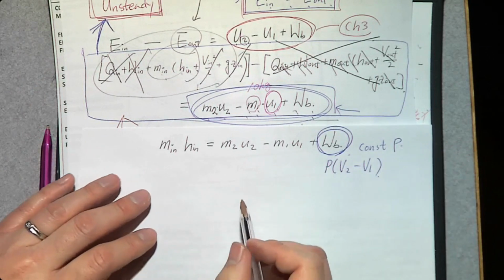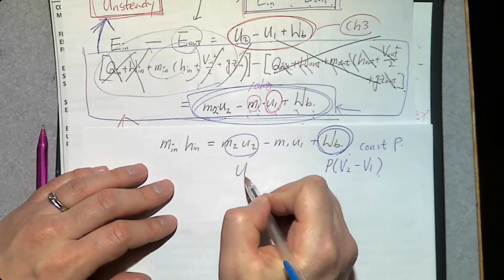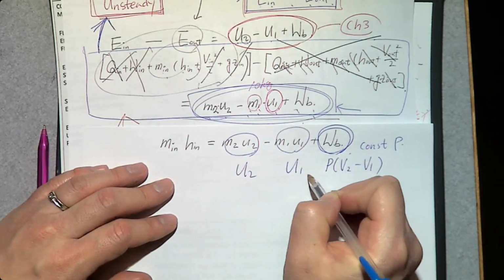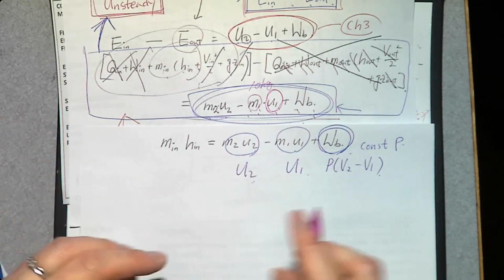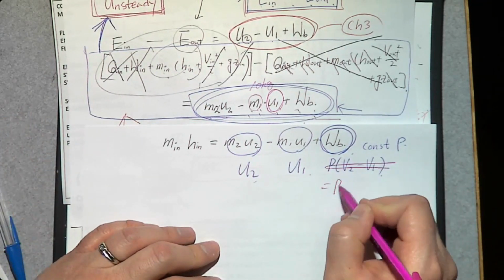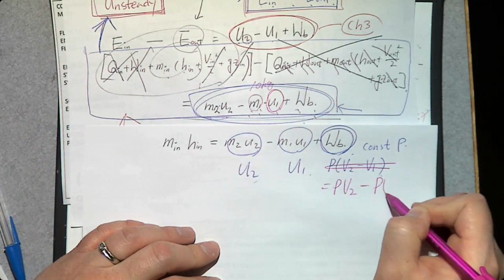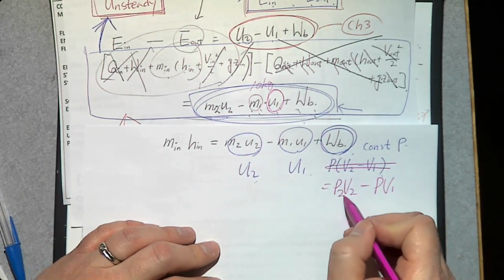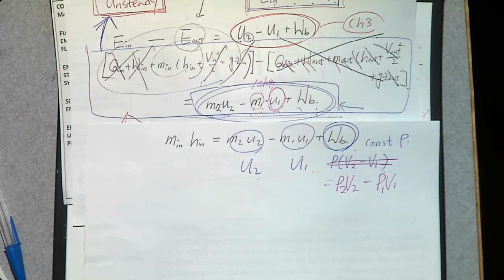You may remember this one is U2, this one is U1, and you can combine. Since this is PV2 minus PV1, you can also say P2V2 minus P1V1 because it's a constant pressure process, P1 is the same as P2.